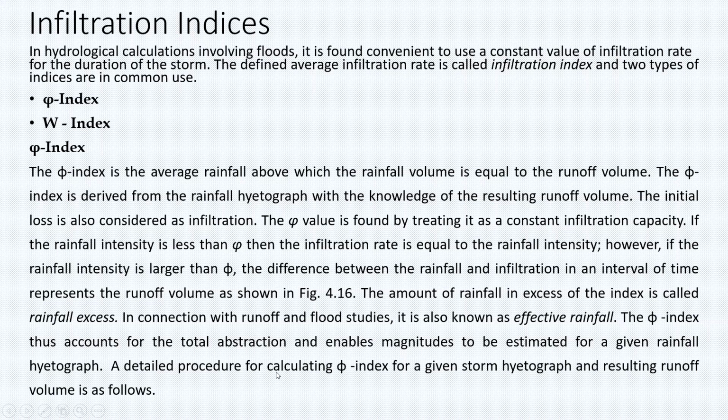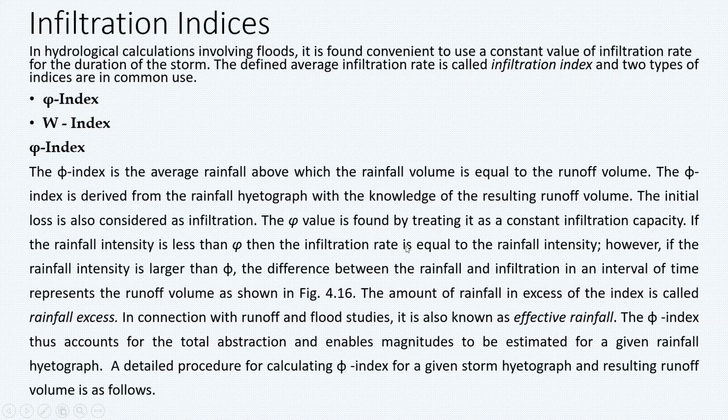I have got this directly from your course material. The phi index is the average rainfall above which the rainfall volume is equal to the runoff volume. The phi index is derived from the rainfall hydrograph with a knowledge of the resulting runoff volume. The initial loss is also considered as infiltration.